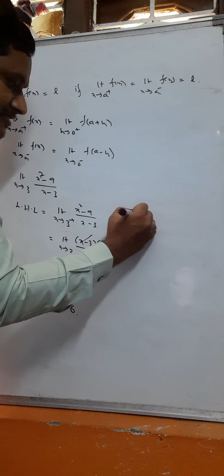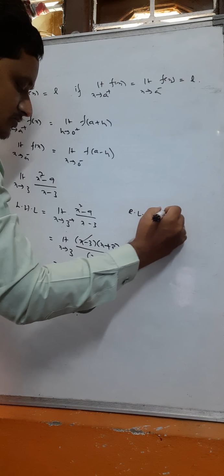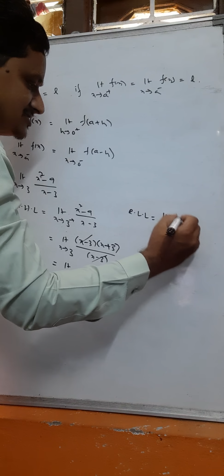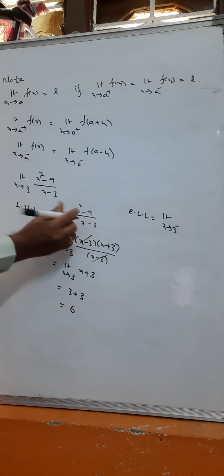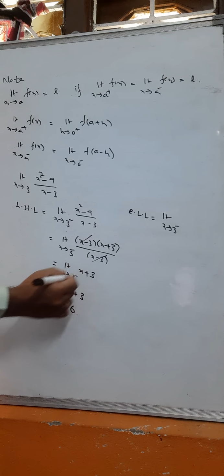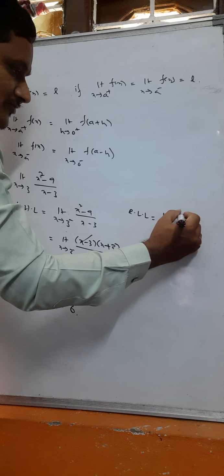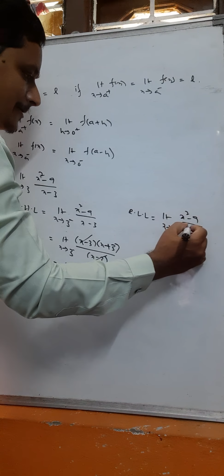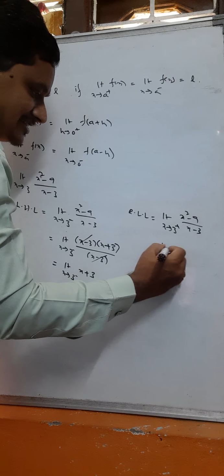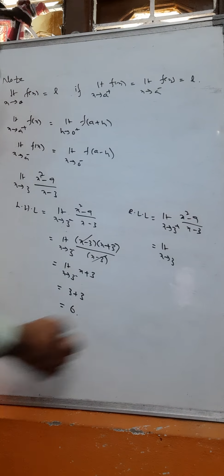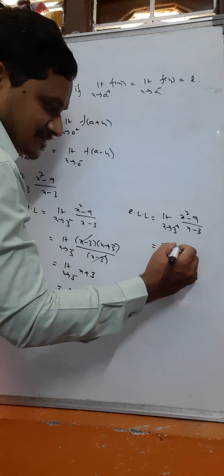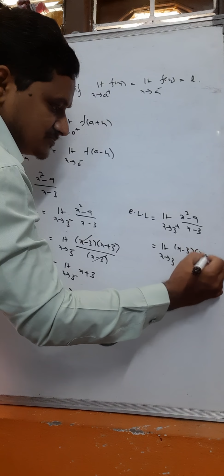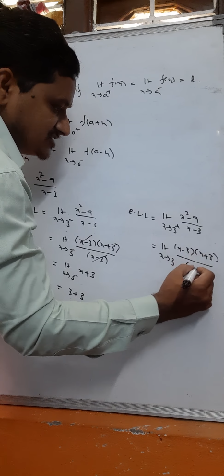What about RHL? So limit x tends to 3 plus f of x, that is x square minus 9 by x minus 3. So that is limit x tends to 3, x square minus 9, we can write it as x square minus 3 square, a square minus b square is a plus b into a minus b, so x minus 3 into x plus 3 by x minus 3.